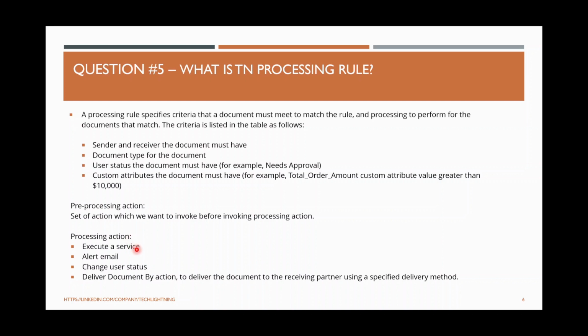For example, I want to execute some service available in my integration server, or send an email, or change the status, or deliver a document to some system based on the configuration I give in deliver document by. Here I can say in which way I want to deliver the document to my end system. So whenever a document comes to your trading network, what you are supposed to do, we configure in this processing rule.